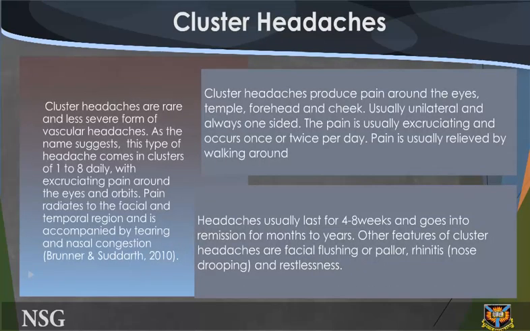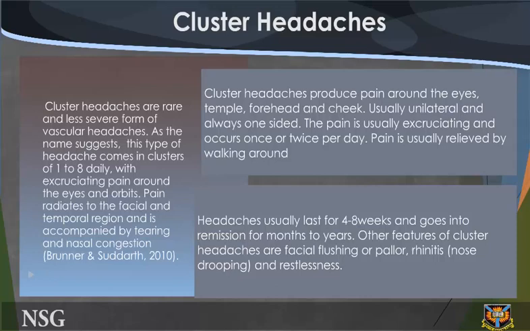Cluster headaches. Cluster headaches are a rare and less severe form of vascular headaches. As the name suggests, this type of headache comes in clusters of 1 to 8 daily, with excruciating pain around the eyes and orbit.